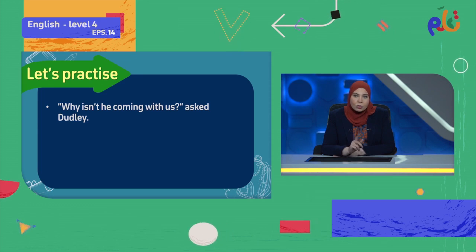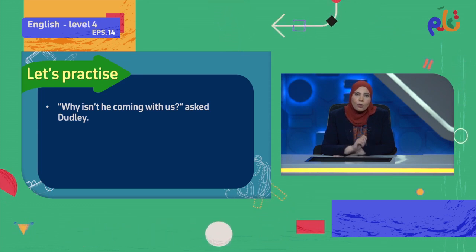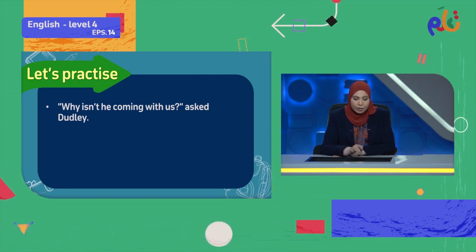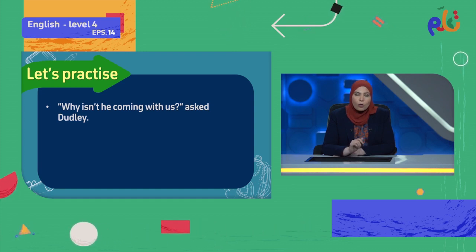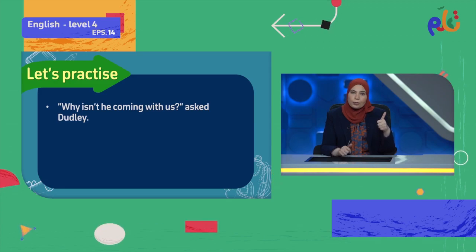Some more practice. Why isn't he coming with us? Asked Dudley. So let's switch it. I will give you a second. Think about it. What exactly are we going to change here? So first of all, we need to choose a reporting verb.